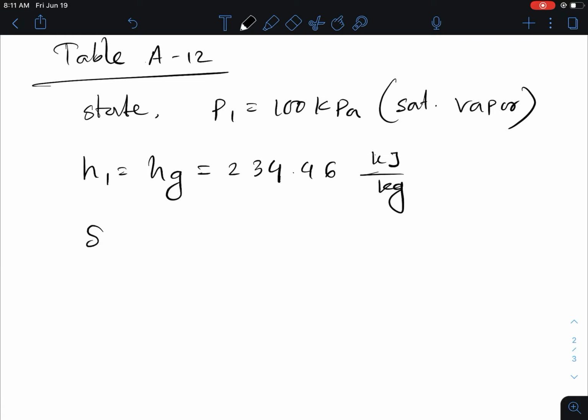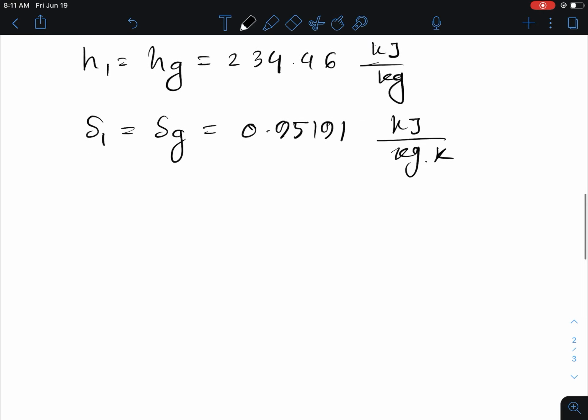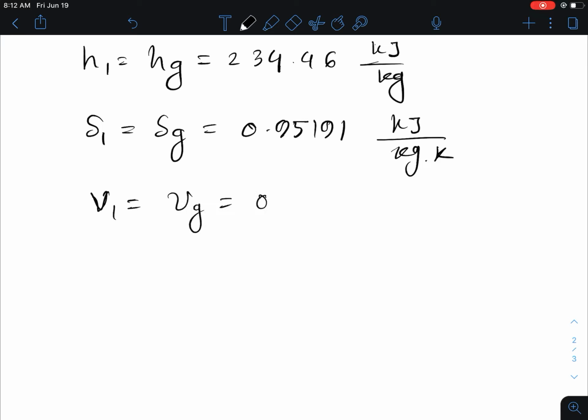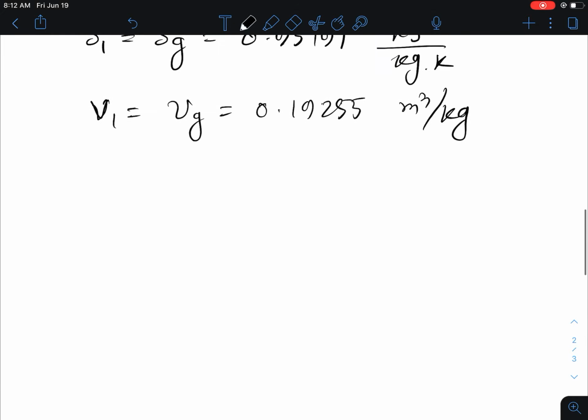And then s1, which is also sg at 100 kilopascal, is 0.95191 kilojoule per kg Kelvin. And then the specific volume, v1 equals vg, which equals 0.19255 meter cube per kg. So we have all this information about state 1.